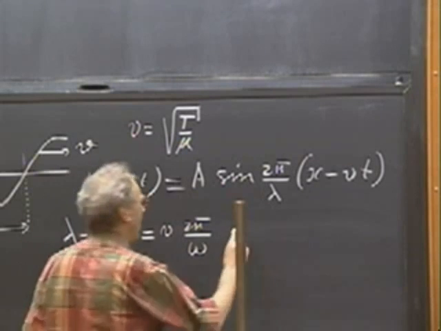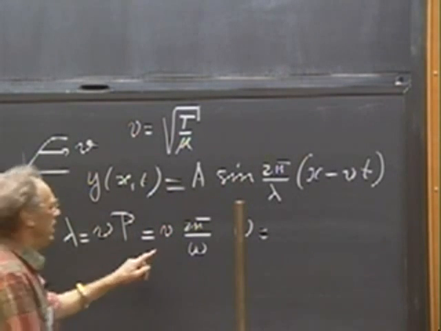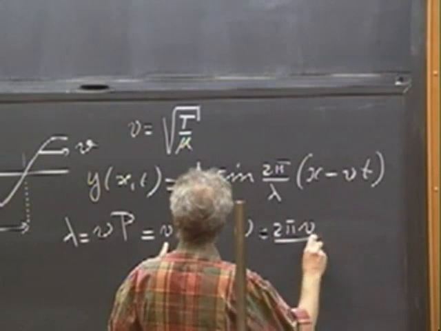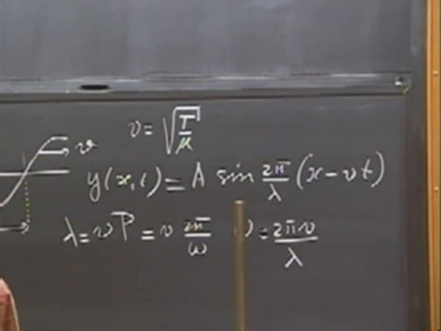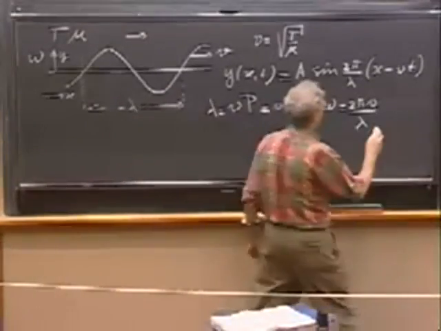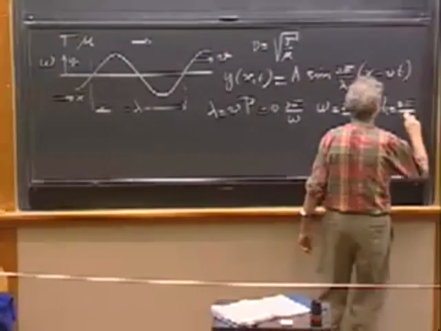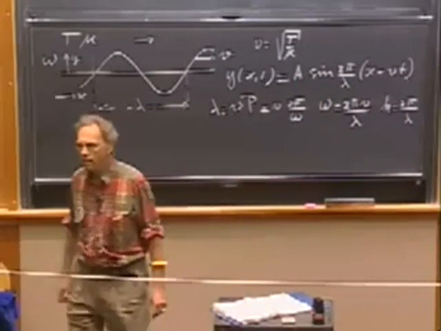And so omega, which is then my frequency, is 2 pi times v divided by lambda. I will introduce, for 2 pi divided by lambda, a new symbol, which I call k, which is called the wave number. It has dimensions meters to the minus 1.